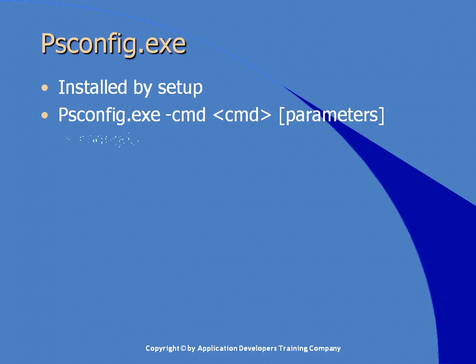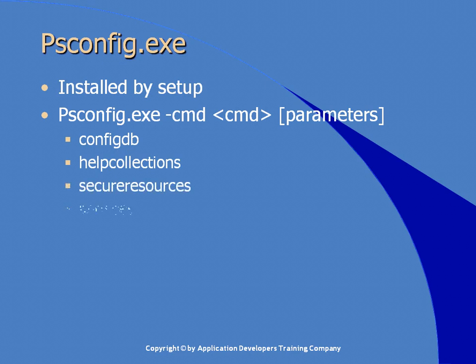There are different parameters that are available. We won't go into all of them right here, but for instance, the config DB, it attaches the WFE to a configuration database. This installs the SharePoint user help. Secure resources secures folders and registry keys. Services registers installed services and sets them online.